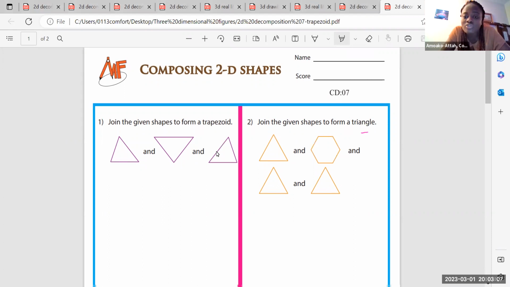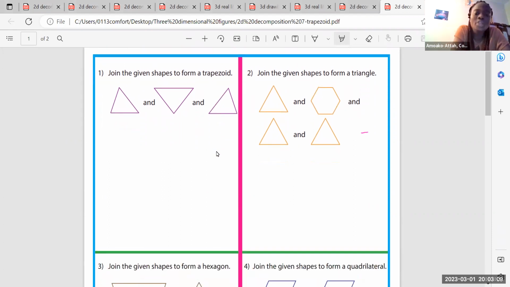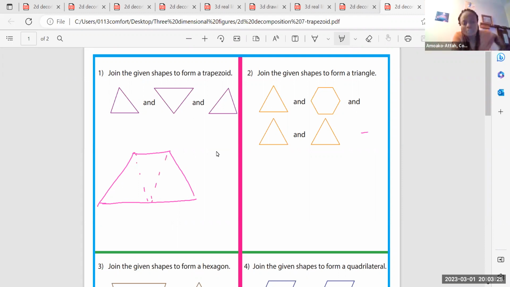This shape can be joined like this. We have three triangles, so it can be like this. This will be your triangle 1, triangle 2, and triangle 3 over here.